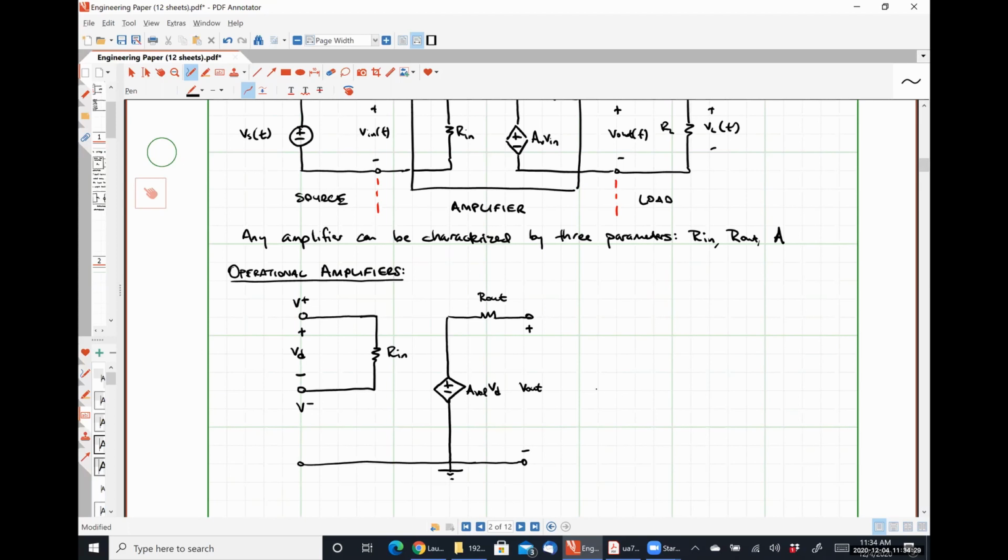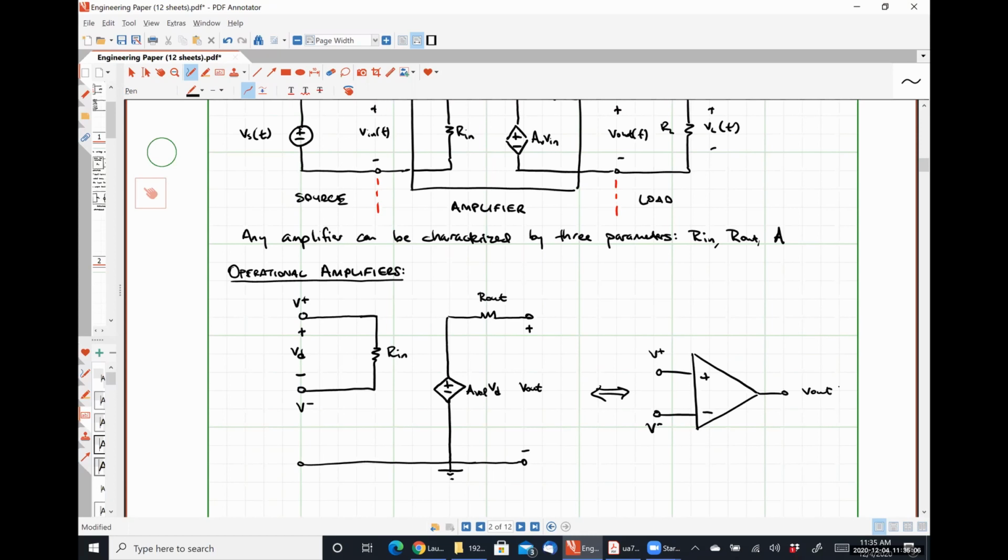So this is how we are going to represent the model we used in Circuits 1, at least until we get more comfortable with it. So this is our operational amplifier model for the next couple of days at least.